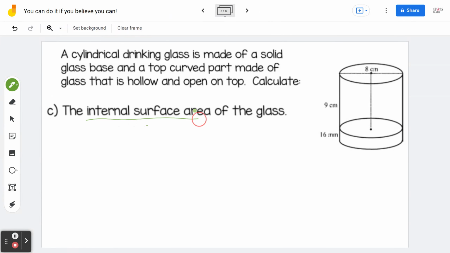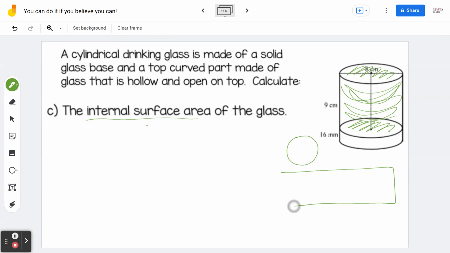My interpretation is that internal surface area would be the area of the circle at the bottom, the lateral surface area going across, and a circle at the top. That's my educated guess from when I read the words the internal surface area of the glass.